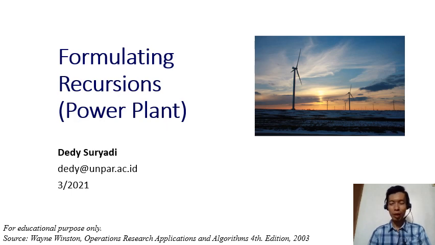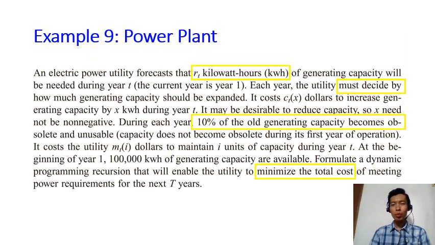Now here's another problem that we are going to formulate into recursions. In this problem, first we see that we have the demand of RT kilowatt hours of generating capacity for the year T. So the plant must decide how much generating capacity should be expanded every year.